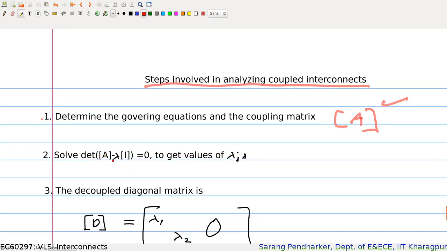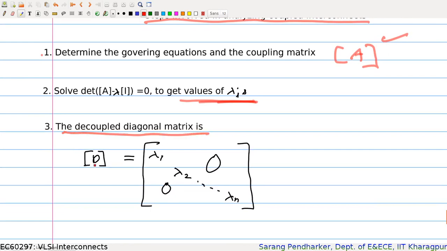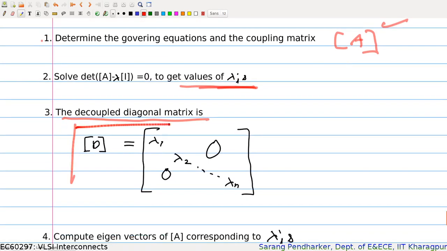If A is 2 cross 2, I is I2, and if A is 3 cross 3 or 5 cross 5, this is an identity matrix of size 3 or 5 correspondingly. Solving this, you will get a polynomial in lambda, and you solve that to get the values of lambda i's. Once lambda i's are known, you can stack those together to form the decoupled matrix, or the diagonal matrix.